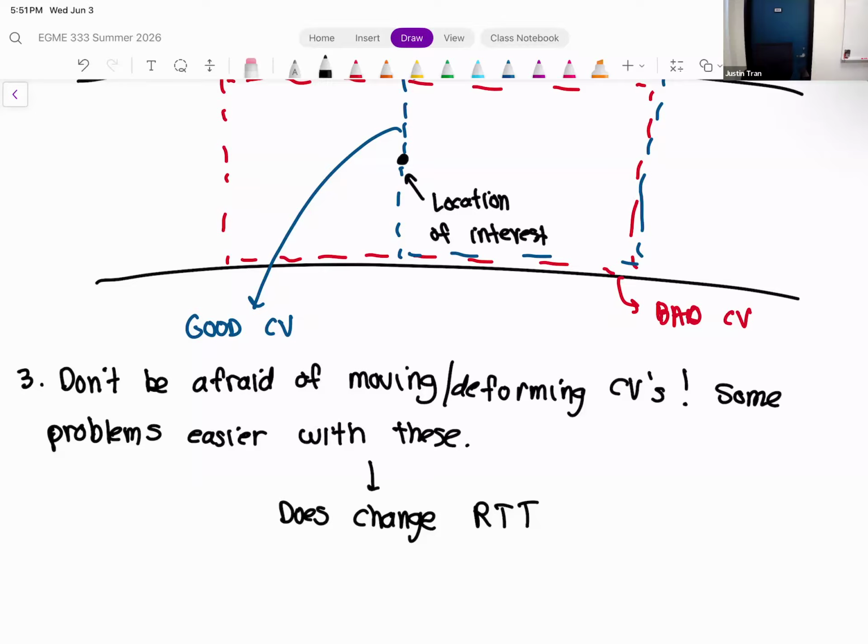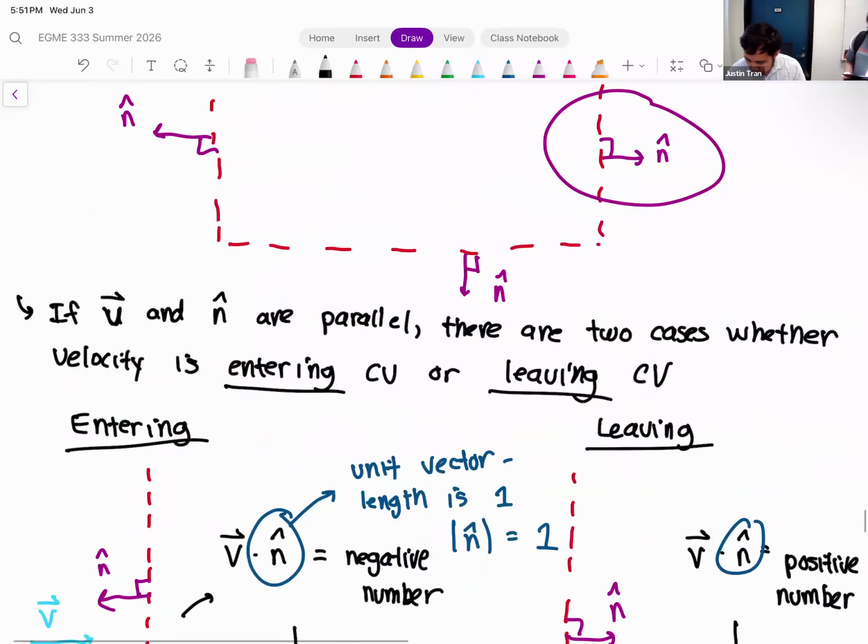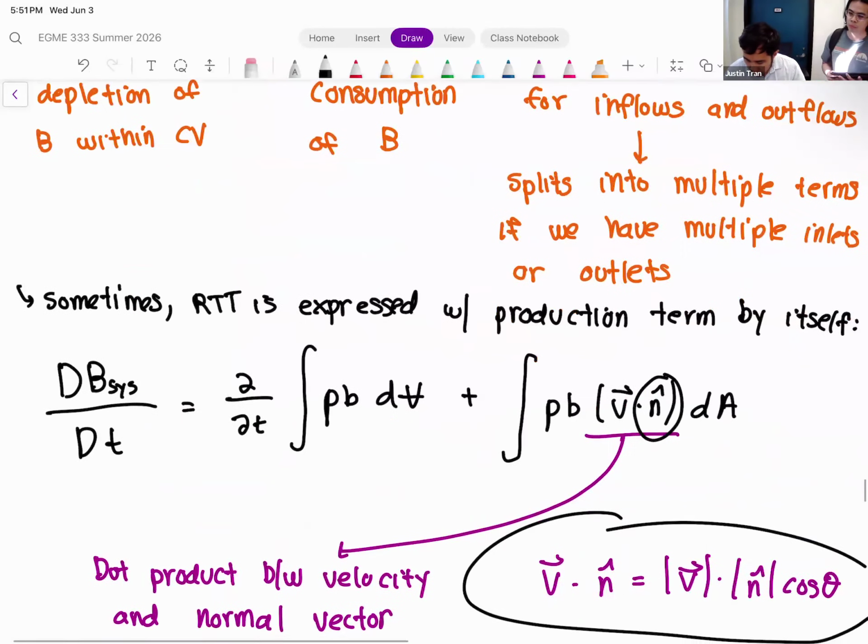For Reynolds transport, when we say your boundary, that's only for 2D cases. It technically applies for 3D as well, but for this class we're only going to consider 2D. So actually, that's a good point. This flux term right here, technically it's an area integral, but for 2D it's a line integral. You're right.